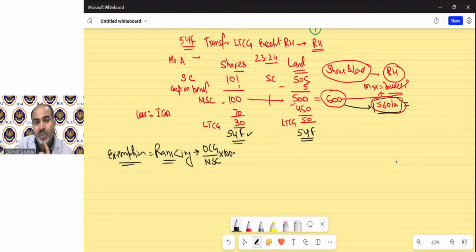So for the purpose of shares, the original capital gain is 30, net sale consideration is 100. So my percentage will be 30%. What is the meaning of this percentage? I will explain it to you. For the purpose of land, the long-term capital gain, original gain is 50, the consideration is 500 into 100, so that is 50%.